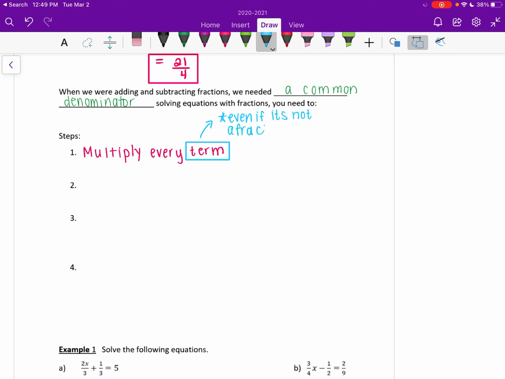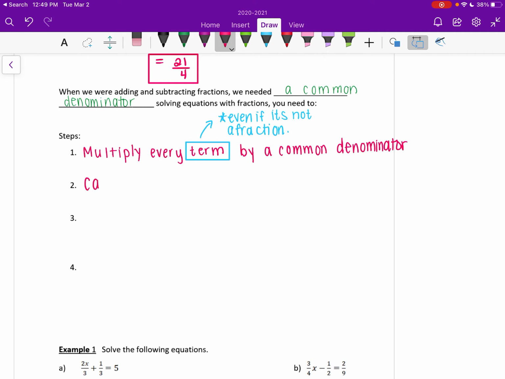And that's important, because you can have whole numbers and you still need to multiply them by what we call a common denominator. And we'll do this step by step with our example from above. Okay?